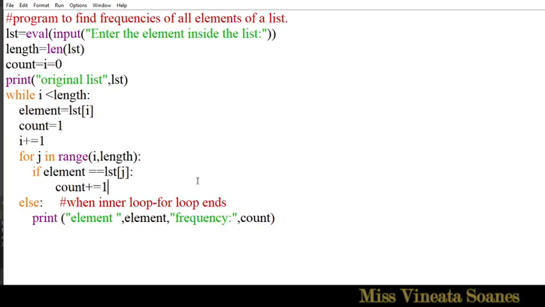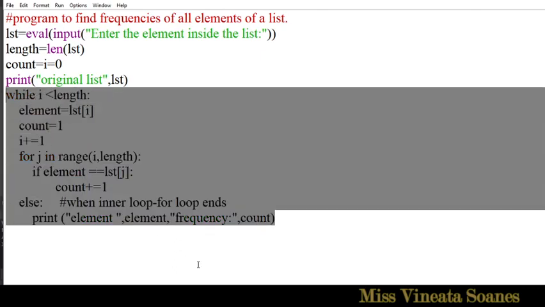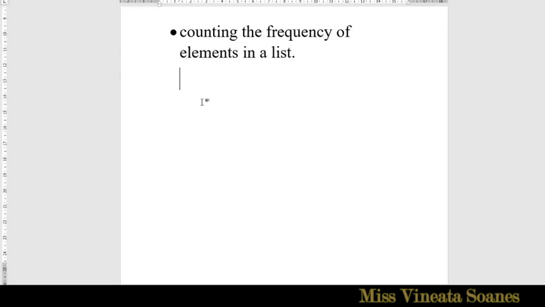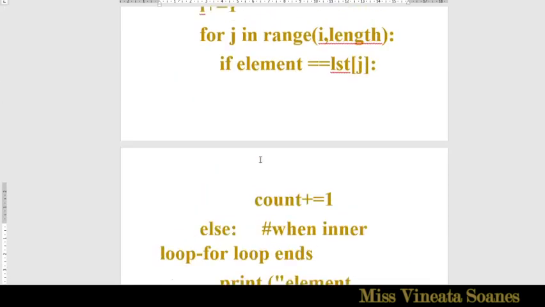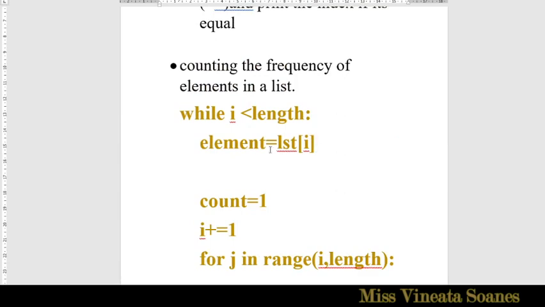Let me do one thing for you to understand it better. I will also put it here. So this would mean element equals LST I, I is 0, right?